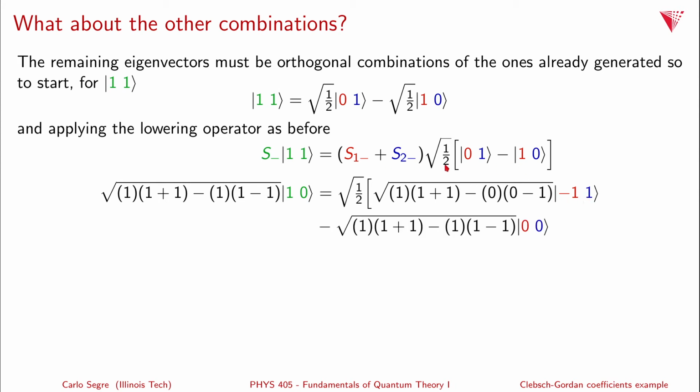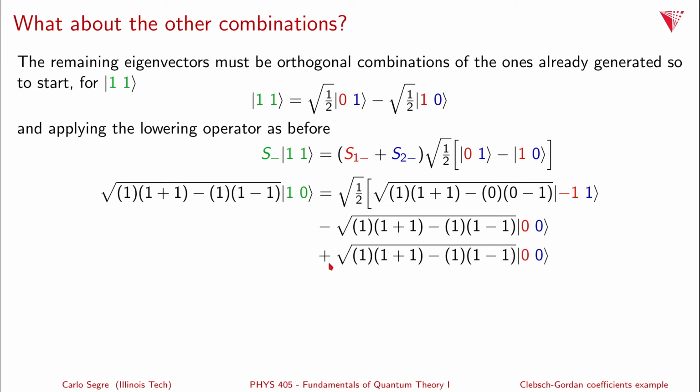You then apply S1 minus to this term. You get the state 0, 0 with a minus sign here, so it's minus square root of 1 times 1 plus 1 minus 1 times 1 minus 1 and state 0, 0.